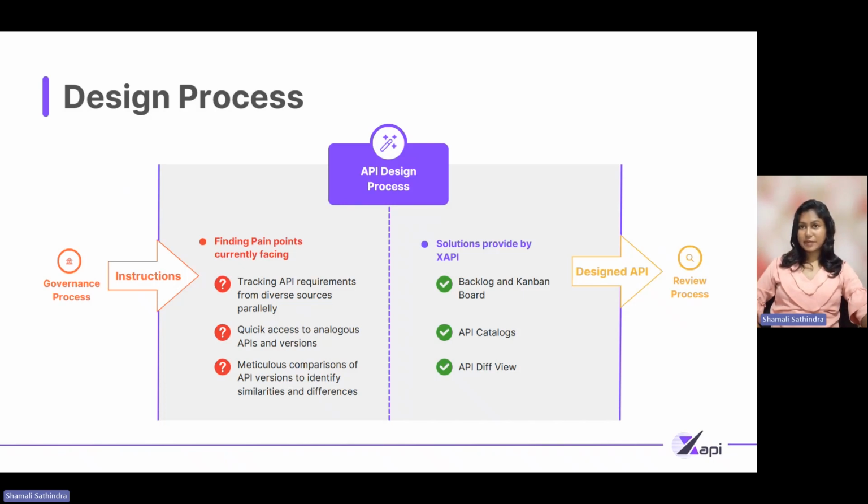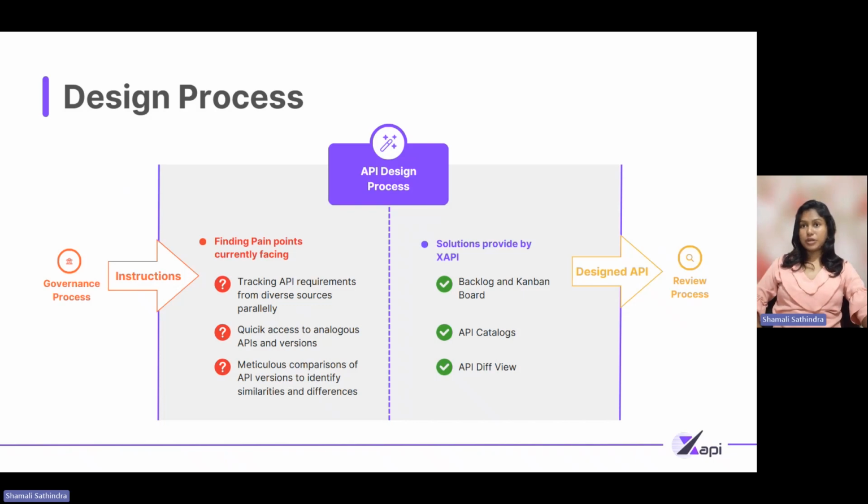Here you can see the backlog. It enables quick access to all identified API requirements, and it identifies which requirements can be prioritized into their time-boxed sprints and design APIs in parallel.